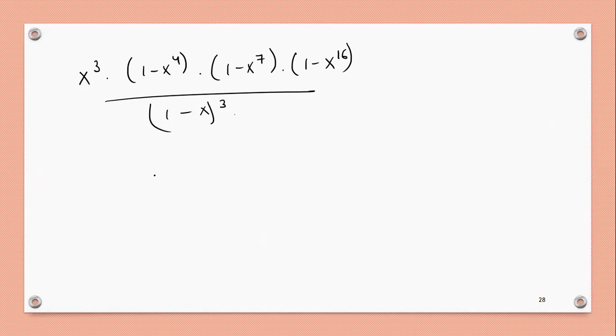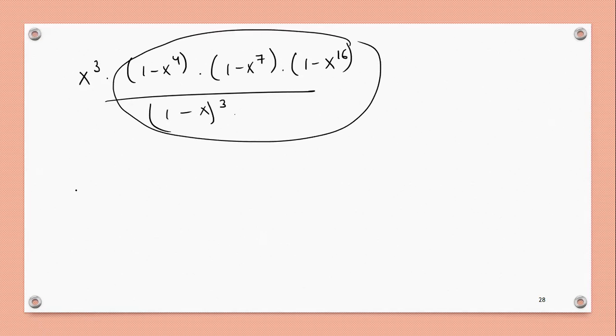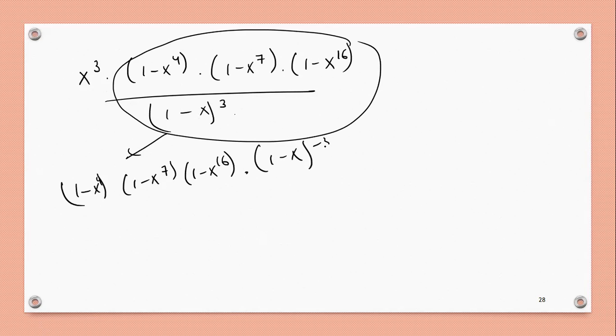So over here, in this we have to find the coefficient of x power 12. So what we are doing is we will take only this part and find the coefficient of x power 12: (1 minus x power 4) into (1 minus x power 7) into (1 minus x power 16). The denominator can be written as (1 minus x) whole power minus 3.